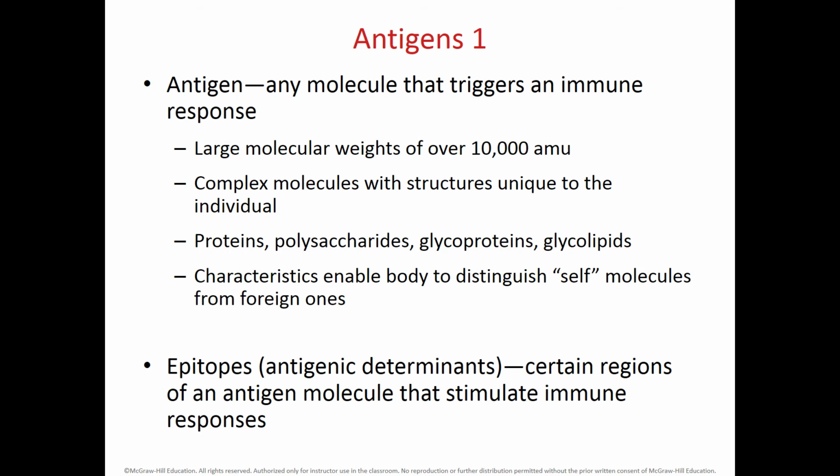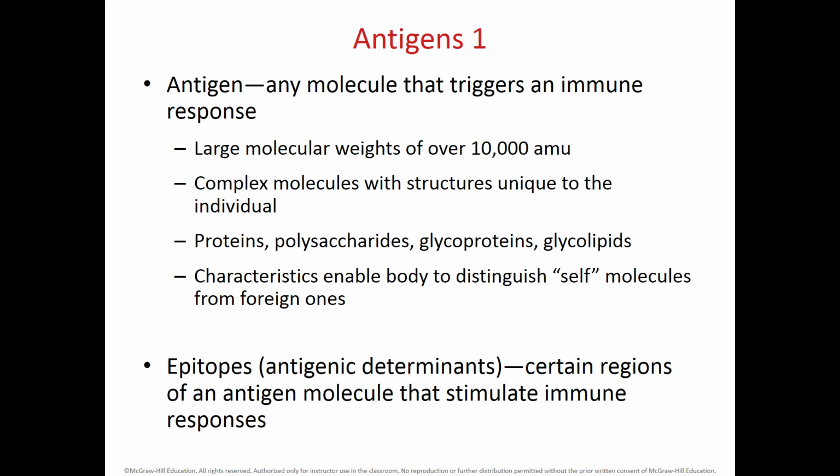So, what are the organic sources of antigens? They can be proteins, polysaccharides, glycoproteins, glycolipids, but you can also have inorganic antigens like dust and dander.